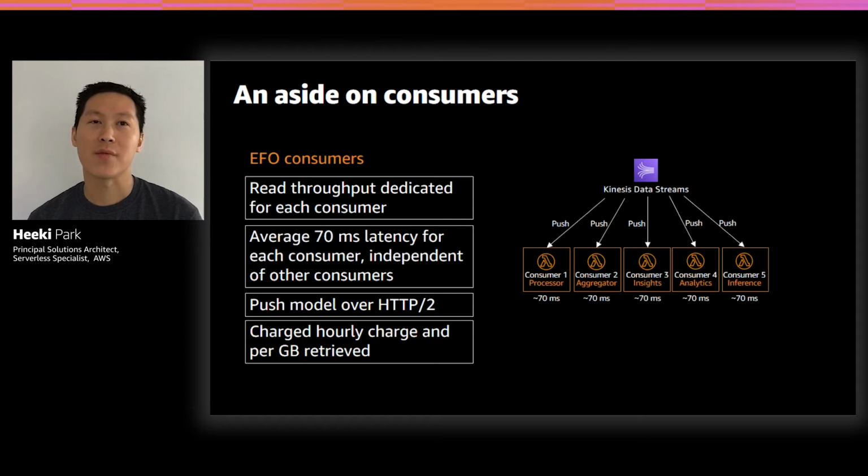Here now, the processor, aggregator, insights, analytics, and inference applications can each operate independently. The consumer also just subscribes to the shard, and the data is now pushed to the consumer from the shard over an HTTP2 connection. It's also important to note that it costs additional to run an EFO consumer, charged hourly and per gigabyte retrieved.